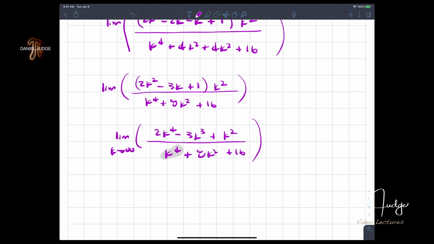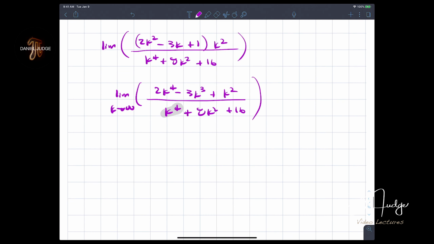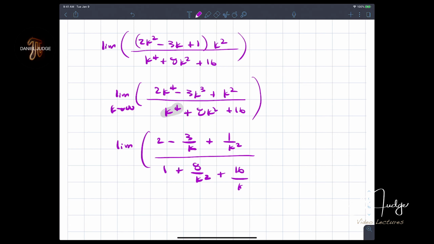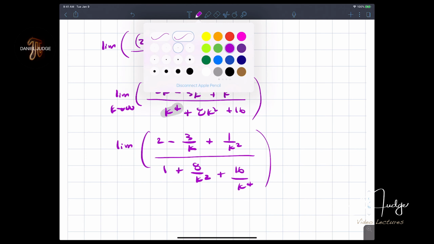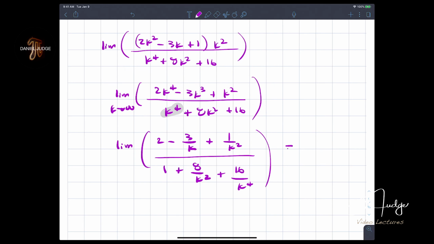And what you'll see, ladies and gentlemen, is the limit of (2 minus 3 over k plus 1 over k squared) over (1 plus 8 over k squared plus 16 over k to the 4th). Double check, something like that. Anyway, the point I'm making is this limit is going to be equal to 2.